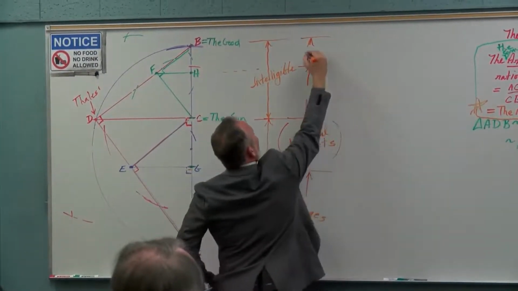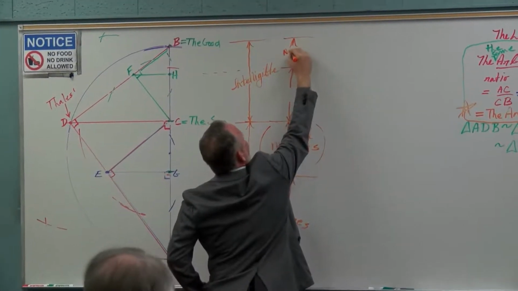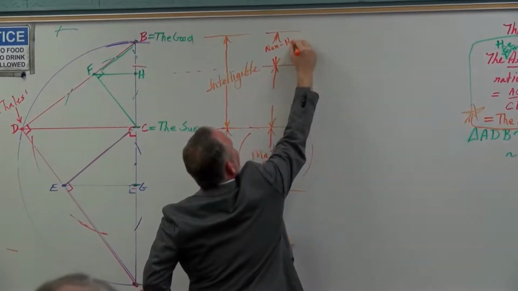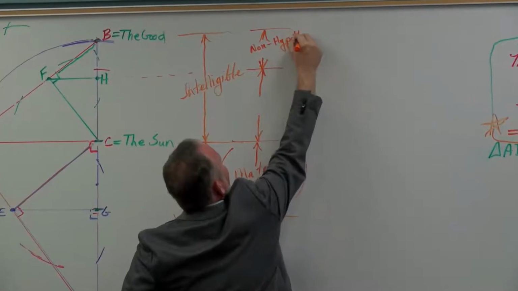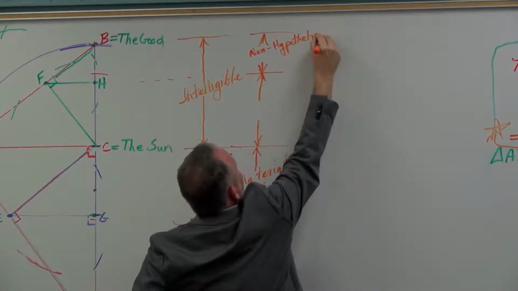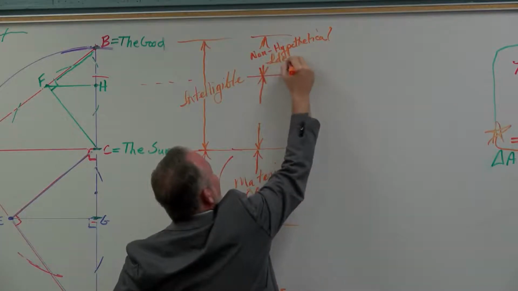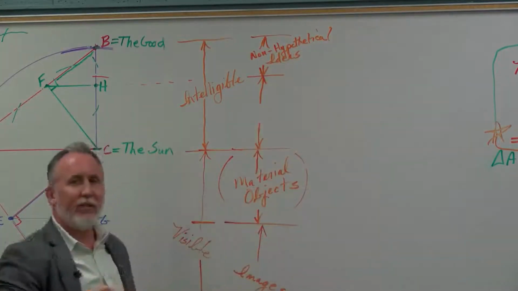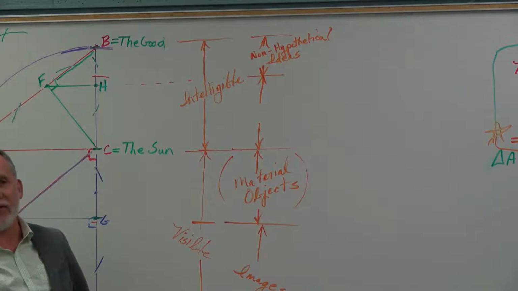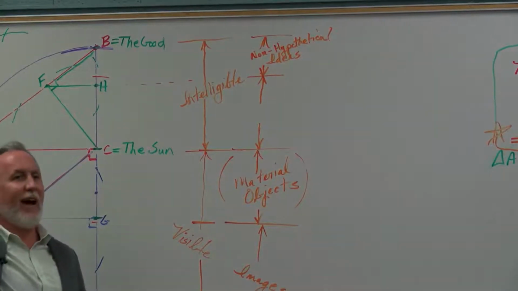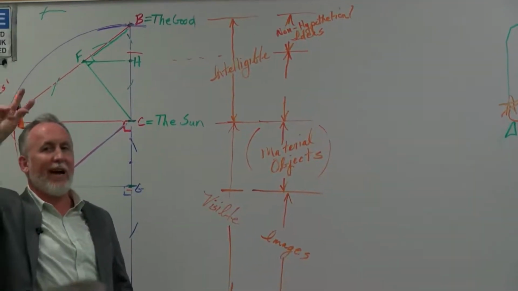So he's saying that there are non-hypothetical ideas. And Plato tends to use the word idea in a technical sense. These are like the highest things that can be known, or ideas.